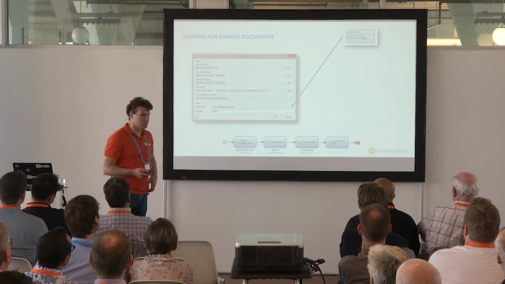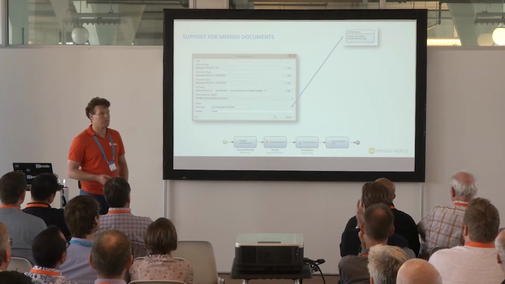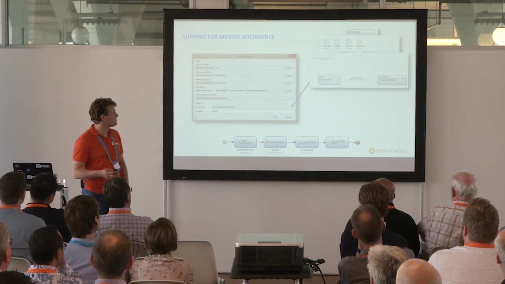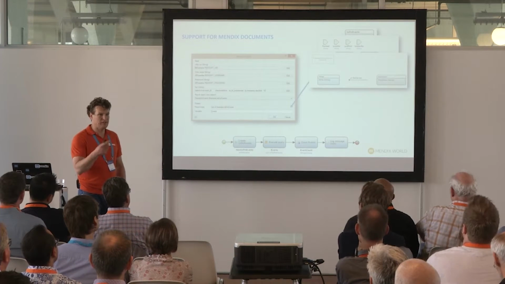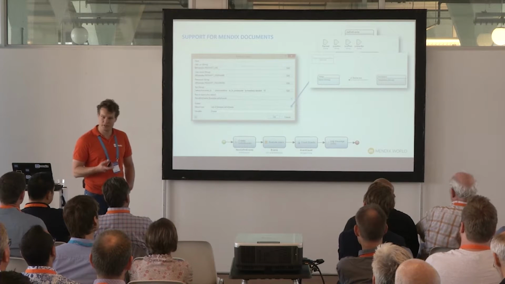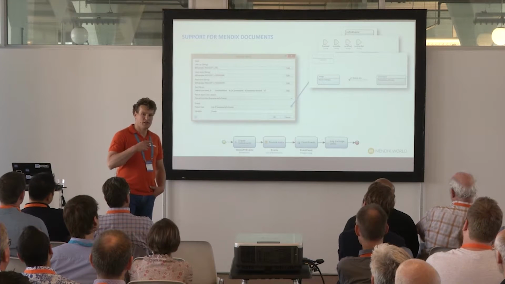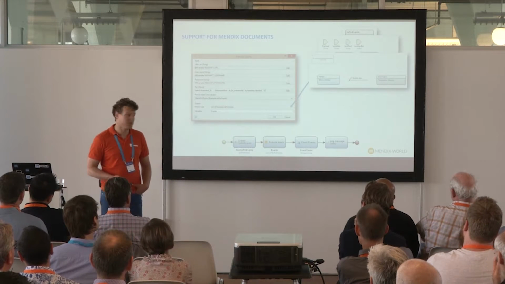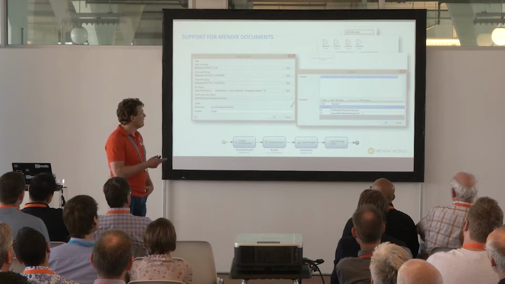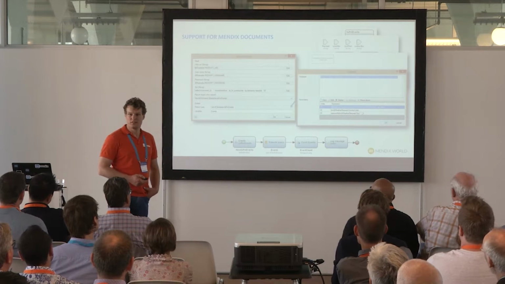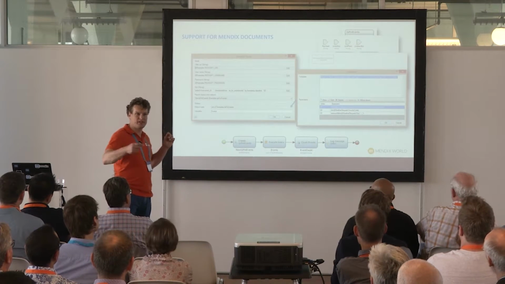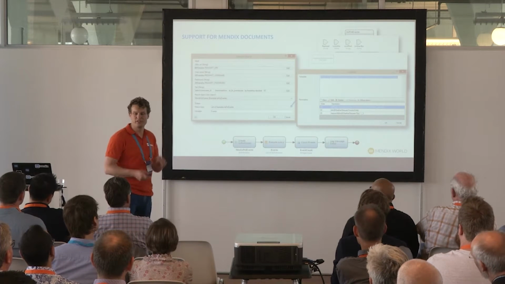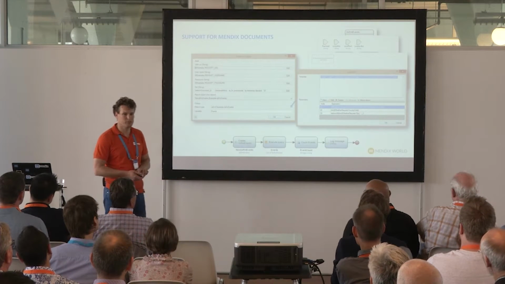So entities is one thing that you can specify as a parameter. Microflows, mappings, really important. I'll show you some examples also with the database connector, for example. It returns a JSON, and if you have a mapping, it's really easy to map it onto a domain model in your Mendix application. Templated strings. So you can have one string where you say, okay, in this place, you need to replace it with an attribute value or something like that.